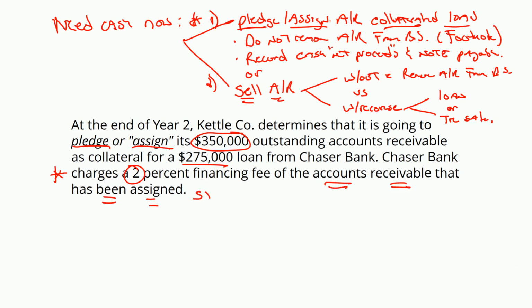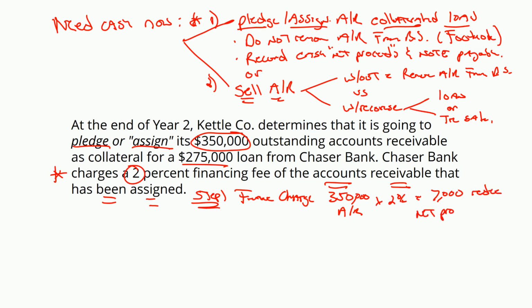Step number 1, step by step. You ready? Let's calculate our finance charge. Our finance charge is $350,000, the accounts receivable that's being pledged, times 2%, which is $7,000. That reduces the net proceeds on the loan.